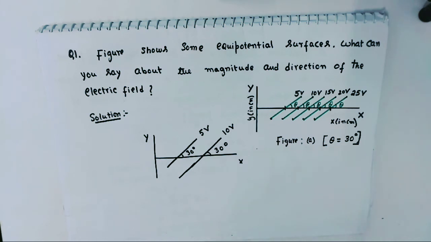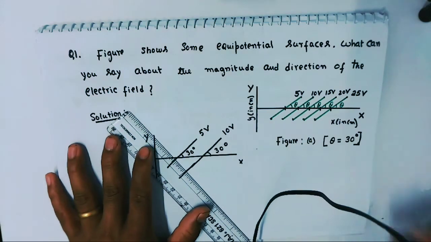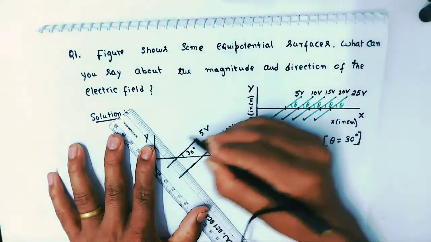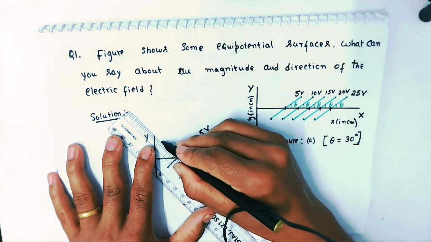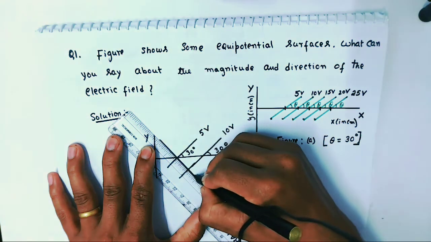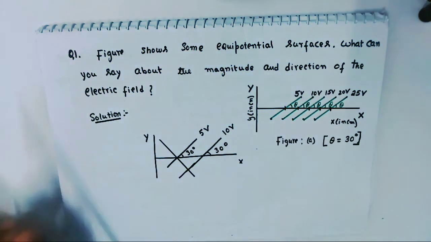We have learned earlier that the potential keeps on decreasing in the direction of electric field, and also the electric field is mutually perpendicular to the equipotential surface. Therefore, we have to represent the electric field by this line, like this.